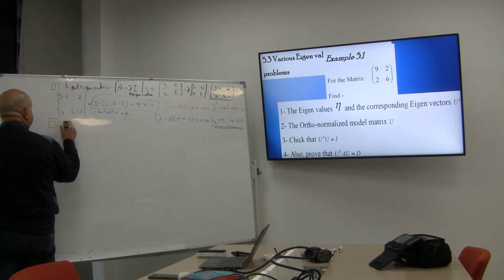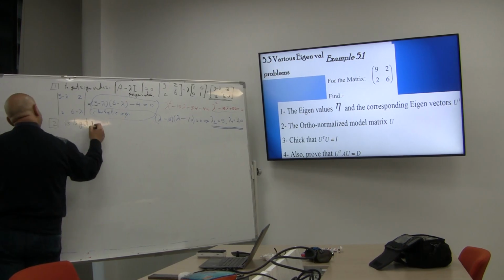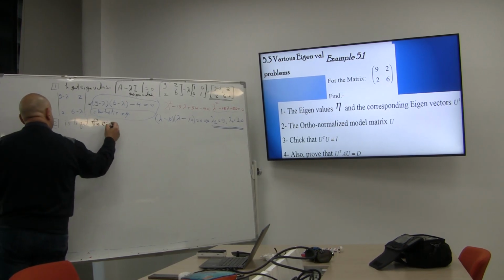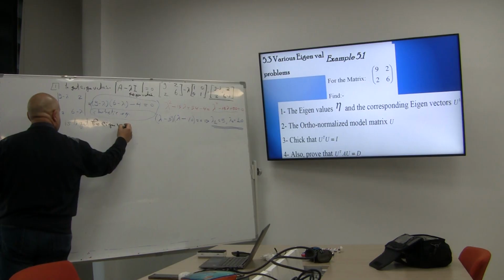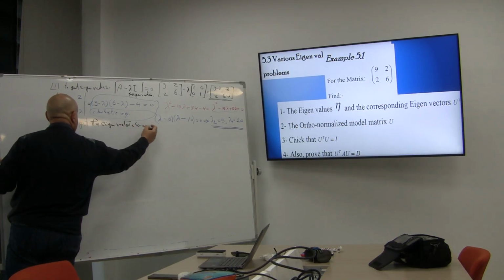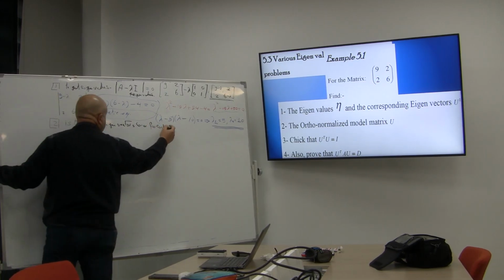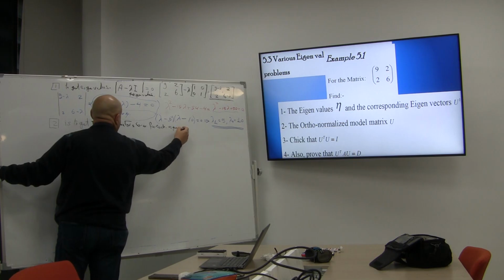The second step is to get the eigenvectors corresponding to each eigenvalue.